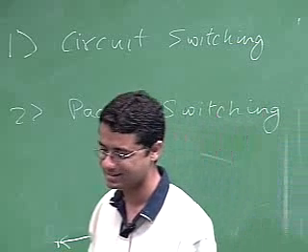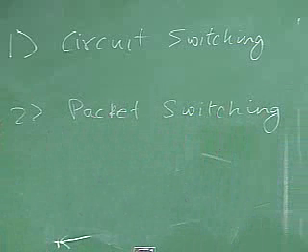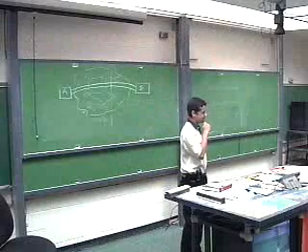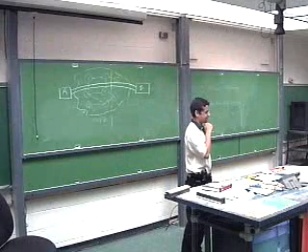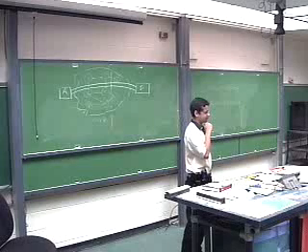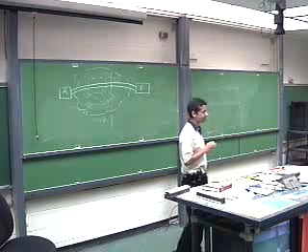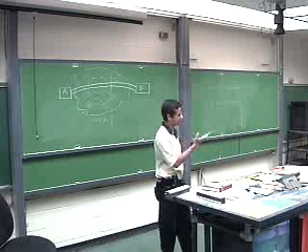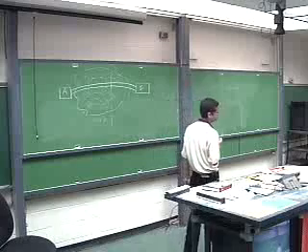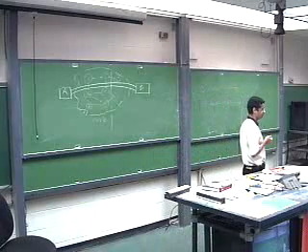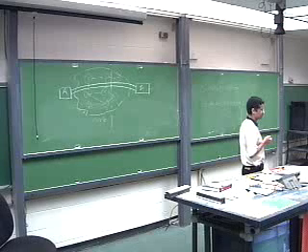So what is circuit switching? Where is it used? Telephone networks use circuit switches. So what's the characteristic of a circuit switch? You're designating a certain connection line in the network that is held for this particular session. Right.